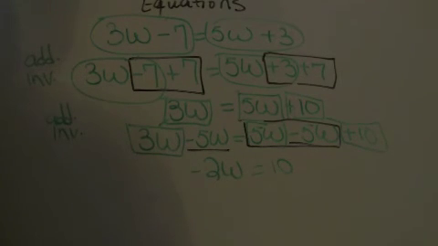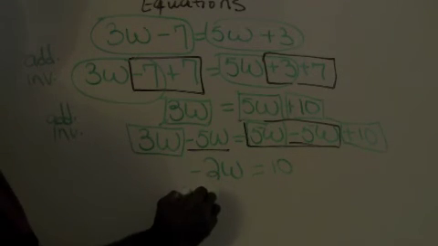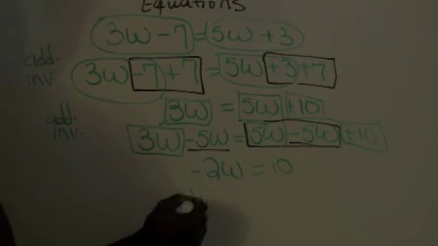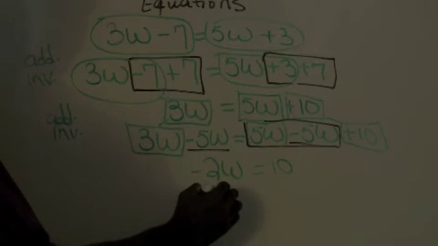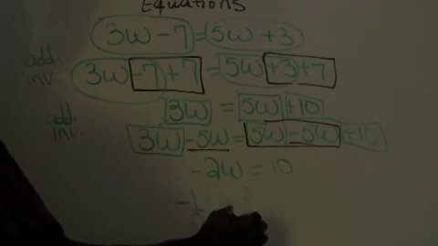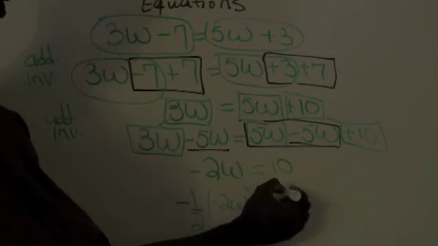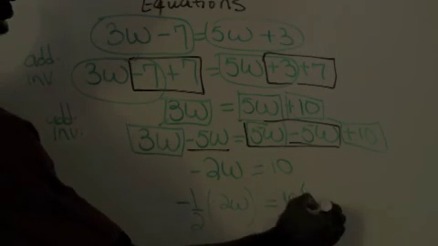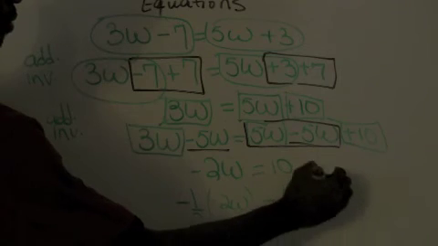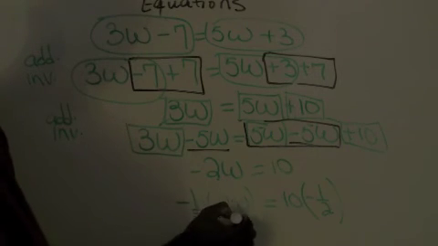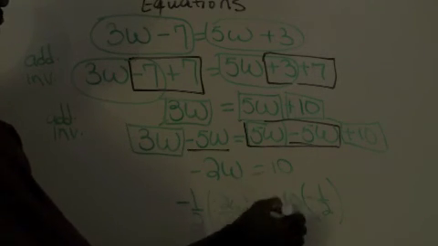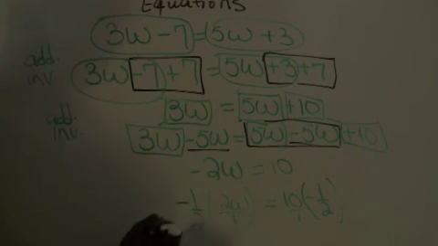Just as we've seen before, this part we have to find the reciprocal of the coefficient of the variable. So the reciprocal in this case would be negative half, and multiply it by negative 2w, and what we do on one side we do on the other side, which is negative half, and of course the invisible one here, so we can multiply the fractions, multiply across.